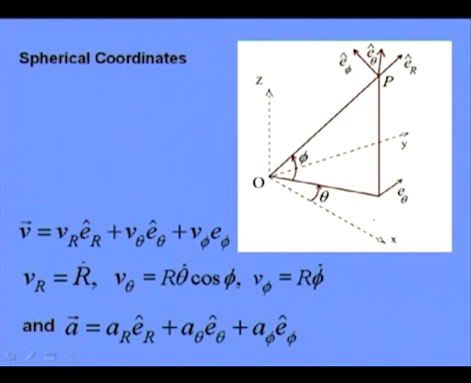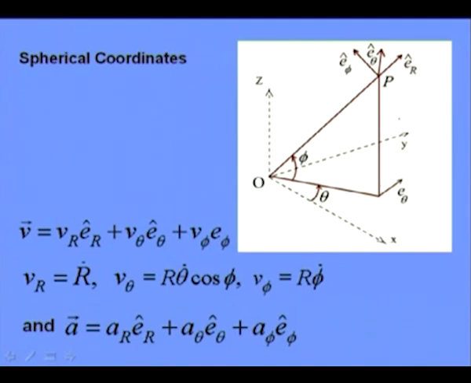In spherical coordinates, we can employ the spherical coordinates also to indicate the position of a particle P. Here, three coordinate systems have been shown. This is the Cartesian coordinate system indicated by x, y and z.